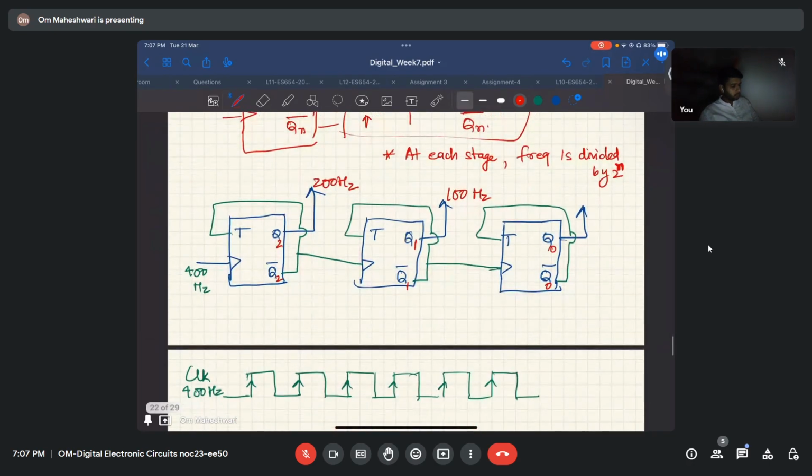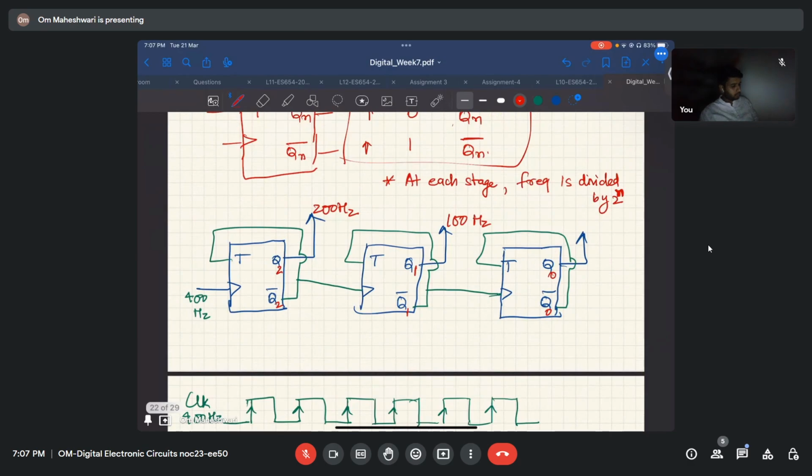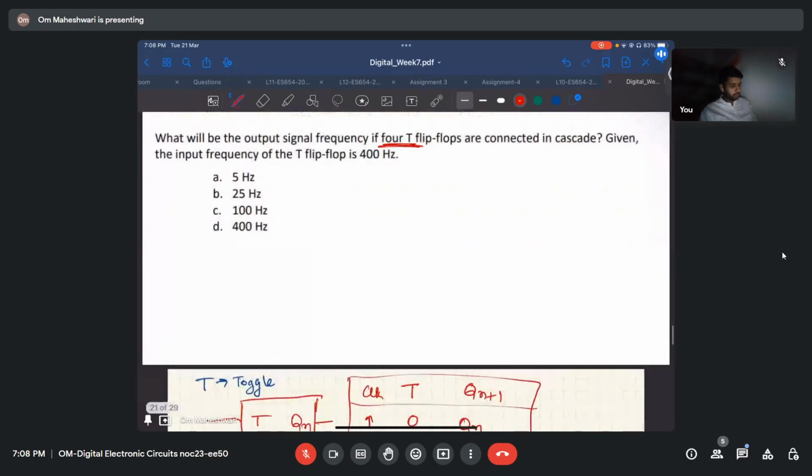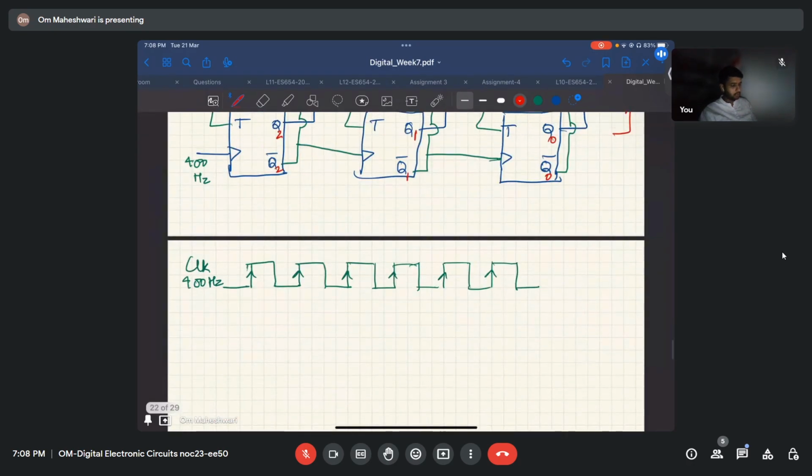There will be one more here, so it will be 50 hertz here, and there will be one more where it will be 25 hertz. So 25 hertz will be the answer, but I'll try to see what the timing diagram is.